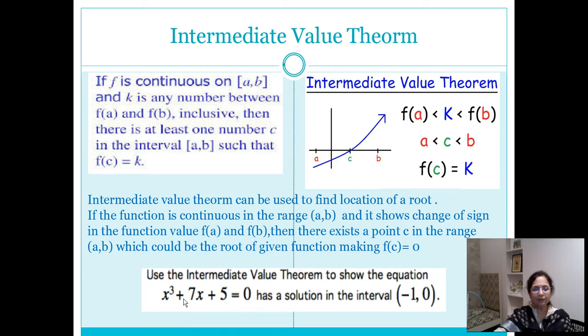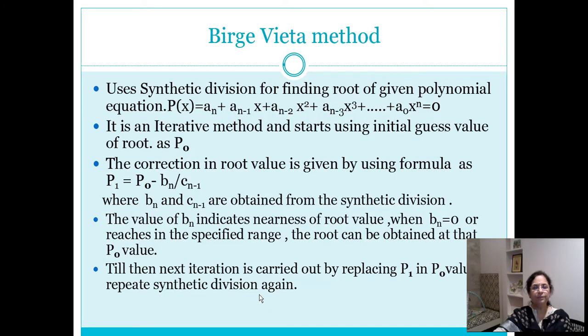So no positive real root and one negative real root indicates that there is a pair of complex roots. One negative real root lies between minus 1 and 0, and there will be a pair of complex roots. This is how we can make use of Descartes' rule as well as the intermediate value theorem to find the location of the root and the count of positive and negative real roots.